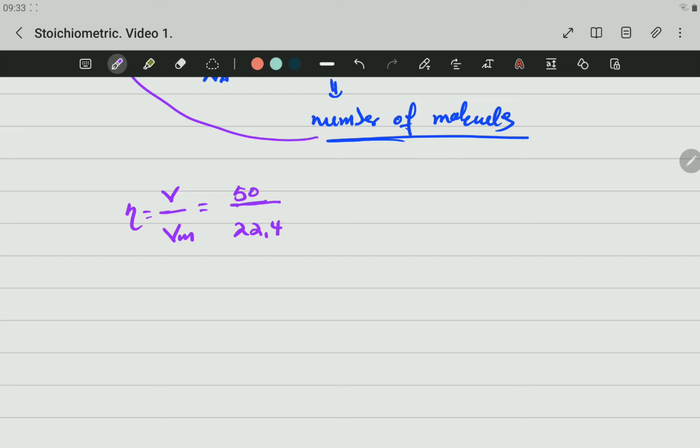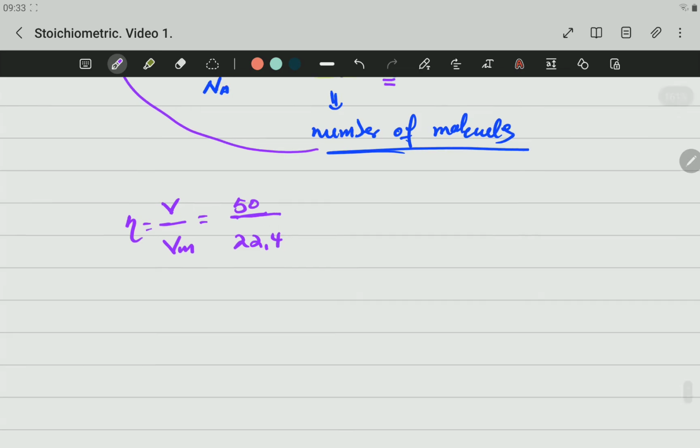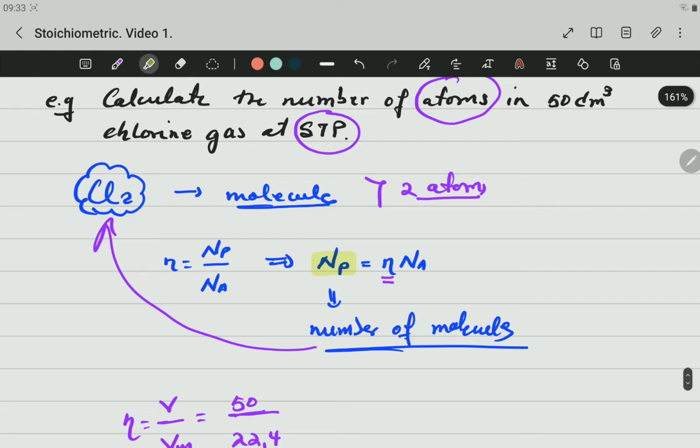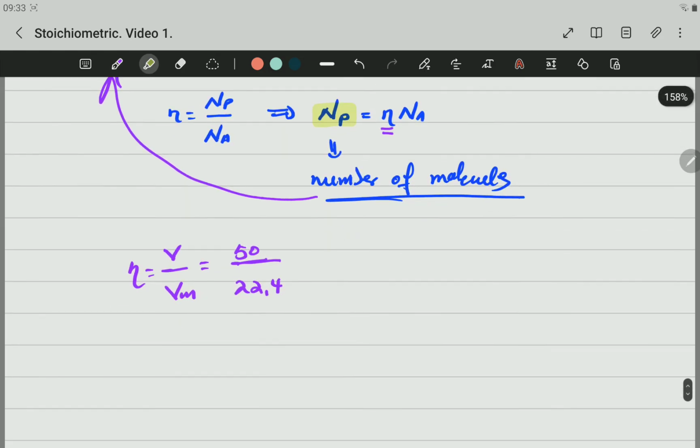Why can I use 22.4? Because it is telling me in the question that this is happening at STP. All right. So saying that, when you calculate this one, you will get 2.23 moles.